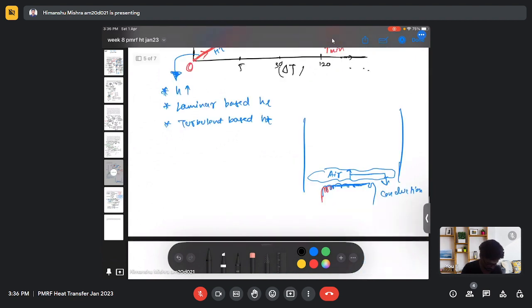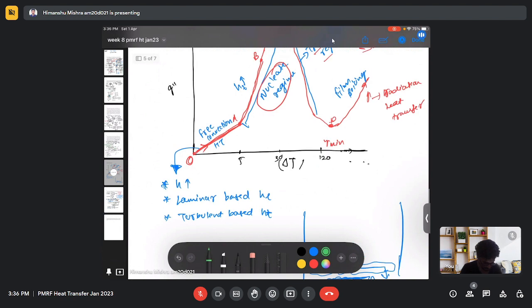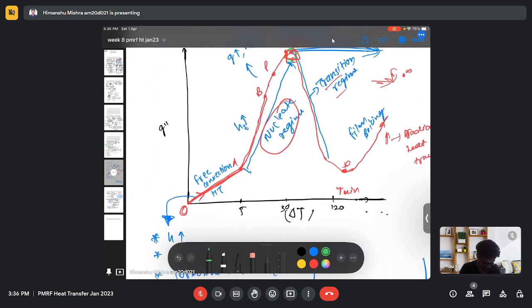So here, again just to revise, from O to A, we need to use the correlation that we discussed in the last tutorial, which is based on free convection, and we need to use the Nusselt number based on laminar free convection and turbulent free convection.